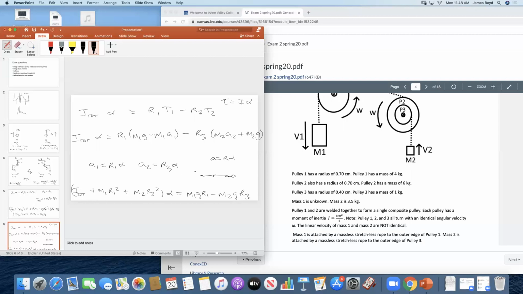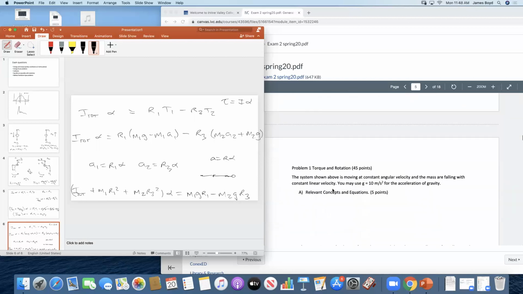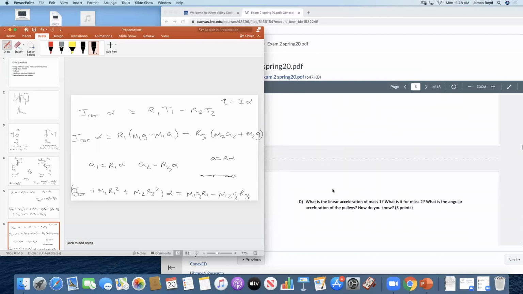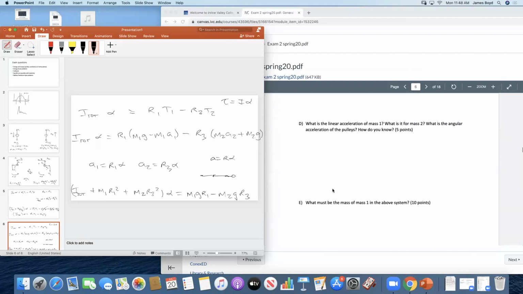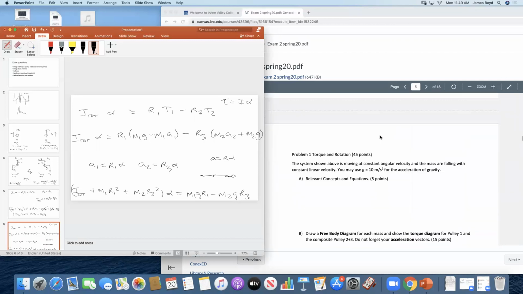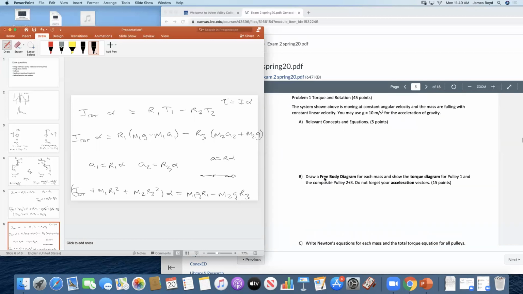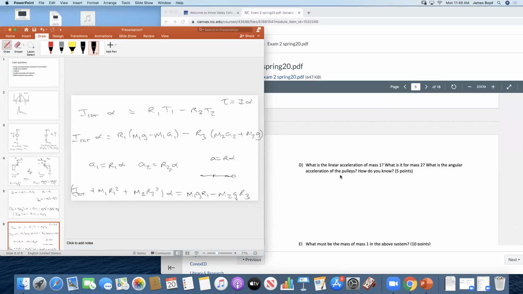The reason this becomes easy is we know that it's rotating with constant velocity. And it asks here, what is the linear acceleration? What is the angular acceleration? How do you know? This is kind of a trick, you guys. If we go back up, we're told it's moving with constant angular velocity and constant linear velocity, which tells you that all of these are 0.